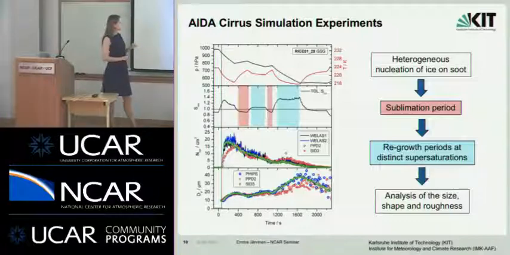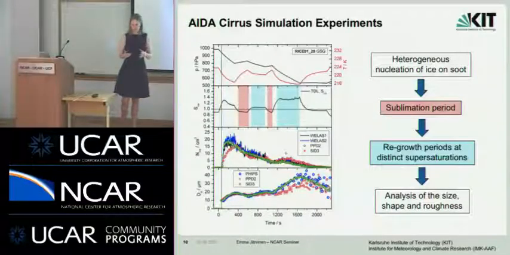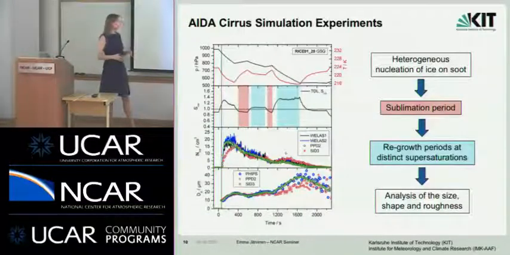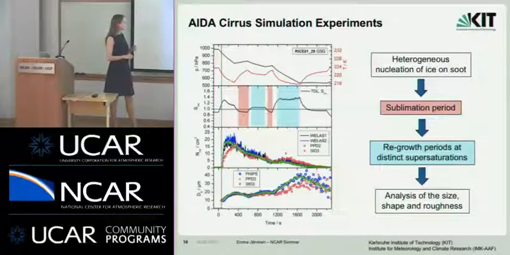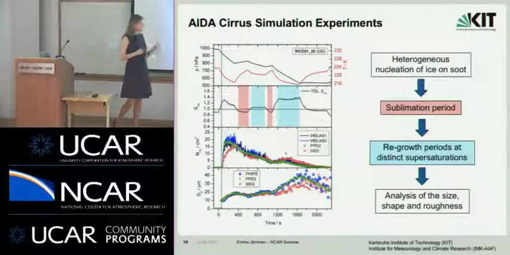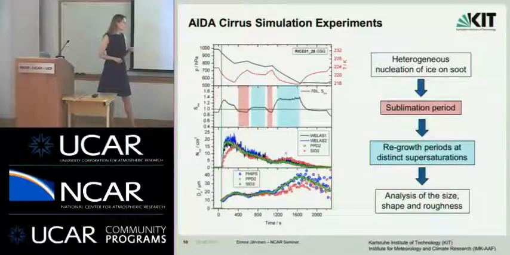So we thought, okay, let's sublimate the ice particles to get rid of any features that might have developed in this initial state of the growth, get a blank piece of paper, and then grow the ice crystals at distinct supersaturations to investigate how the morphology develops at different growth speeds. And we can do this in cycles as long as we have ice crystals in the chamber.